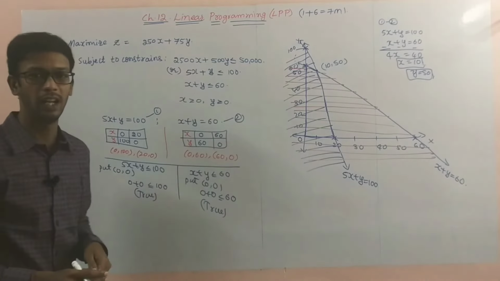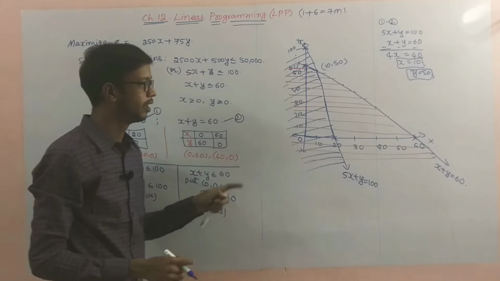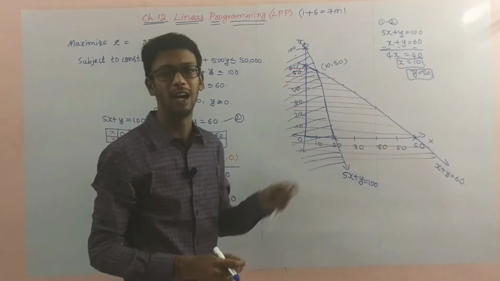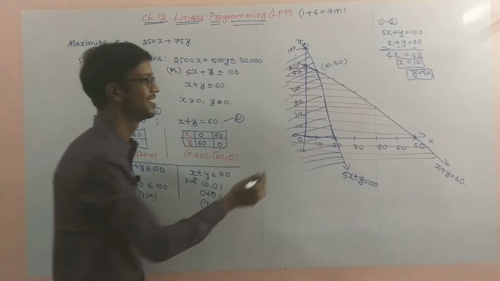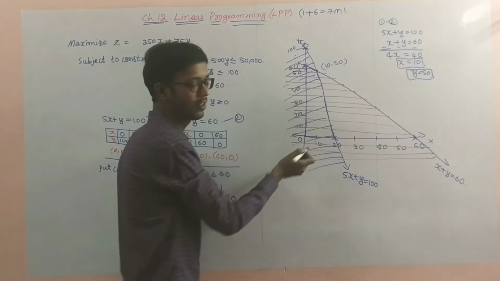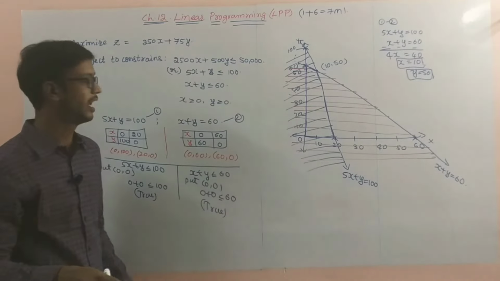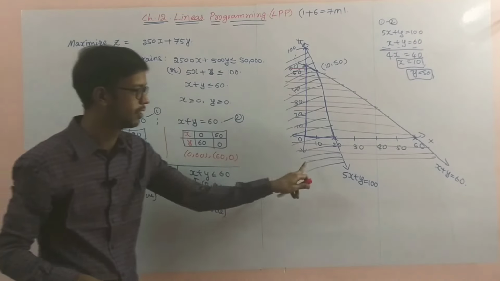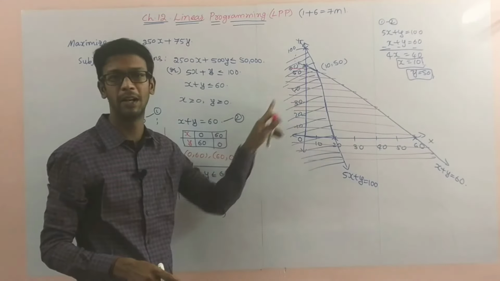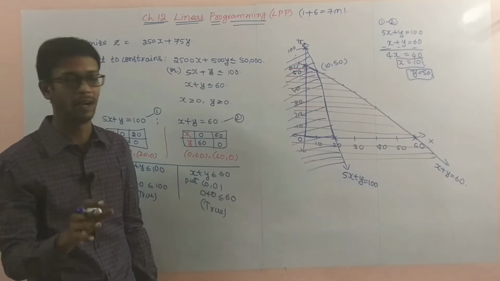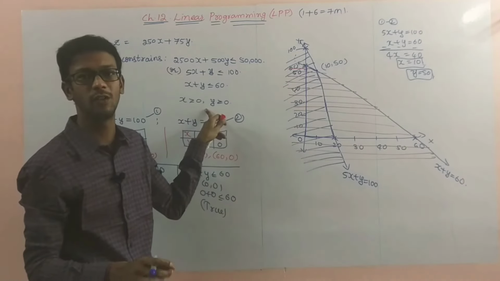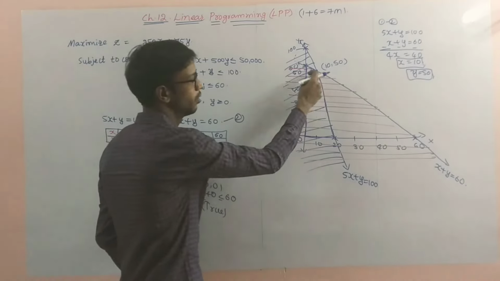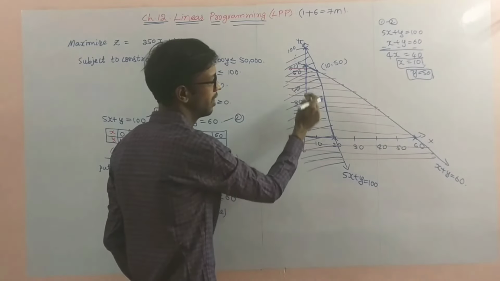The area bounded by all constraints is called the feasible region. This is a common region for all constraints, including the non-negative constraints. This is also a common region, this is also a common region, but this one is not satisfied. X is greater than or equal to 0, y is greater than or equal to 0 means only the first quadrant common region.